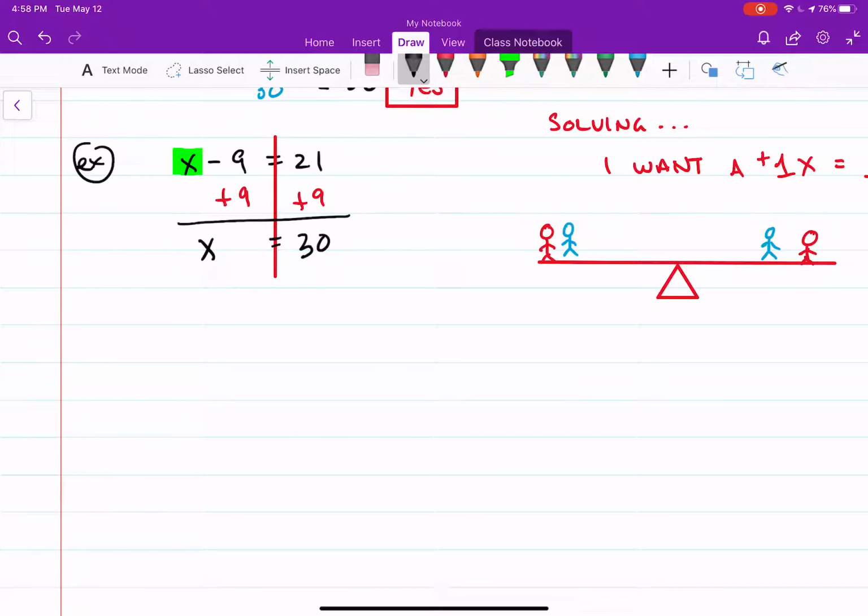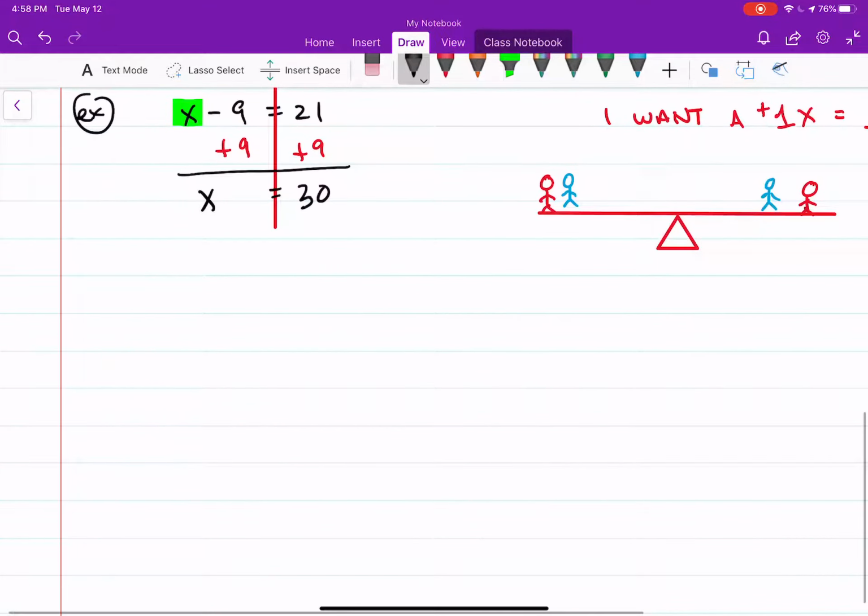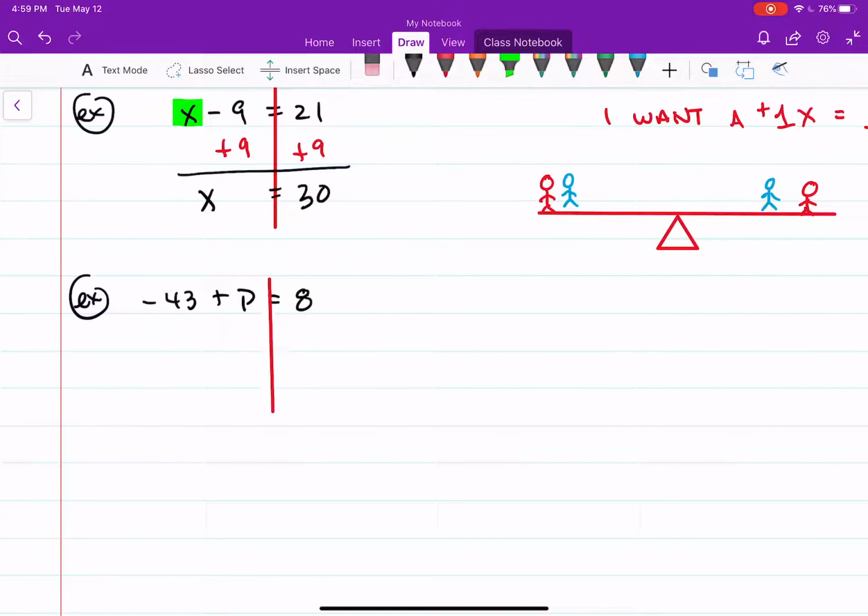So, another example. Let's say I got negative 43 plus p equals 8. Okay. Same thing. I got this bar down the center. I'll make it a little crooked because I want to bring this to the middle of the sign. Okay.